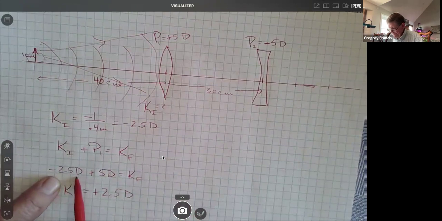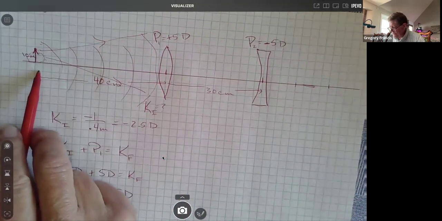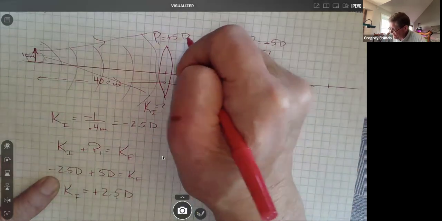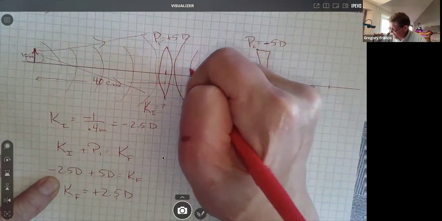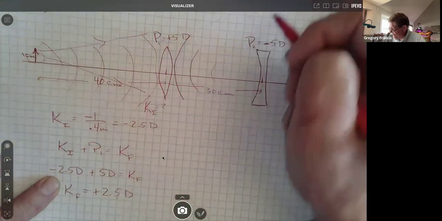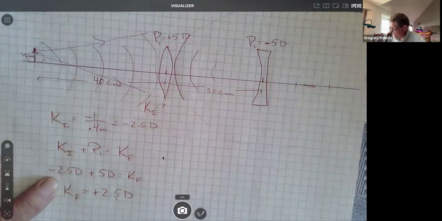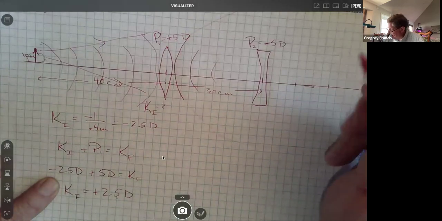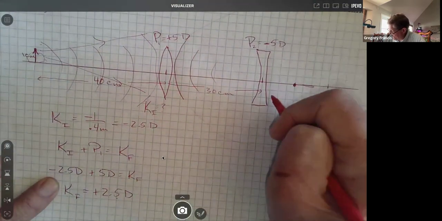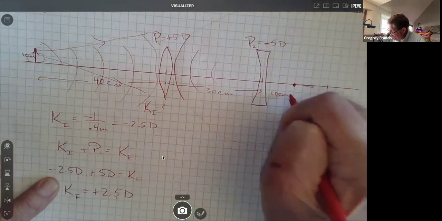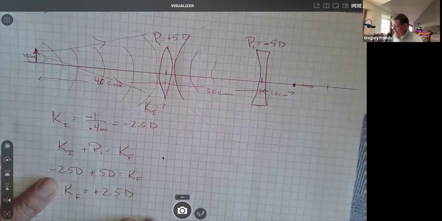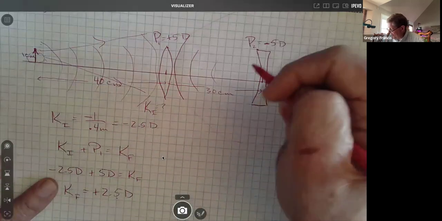Well, if negative 2.5 diopters comes from 40 centimeters behind, a positive 2.5 diopters is going to be curvature like this that looks like its center, the center of this circle is going to be 40 centimeters in front. And so that's going to give me a point right here, okay? Another 10 centimeters past the second lens.